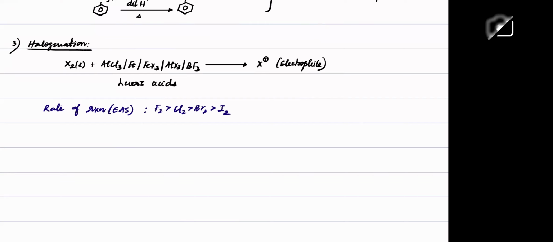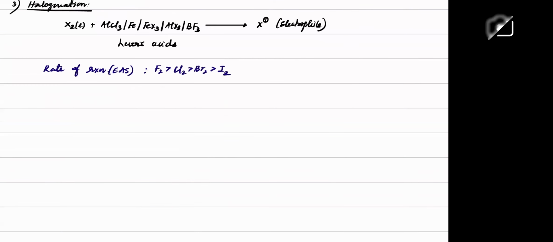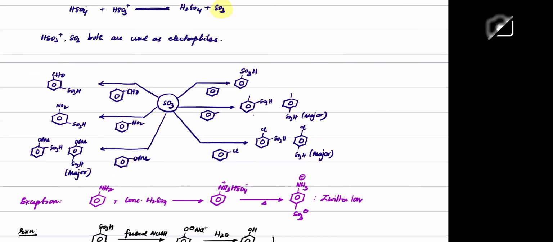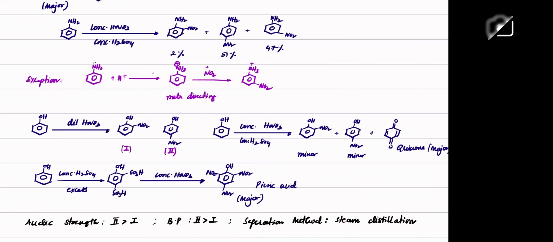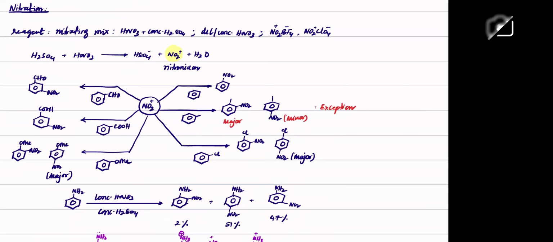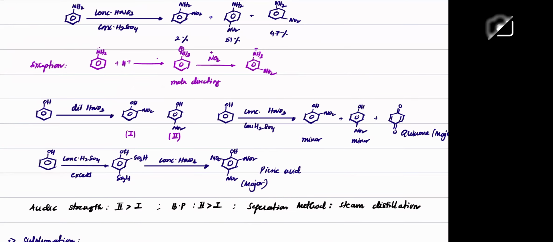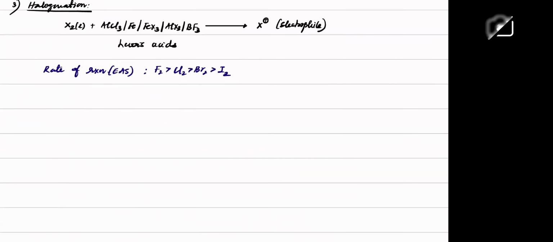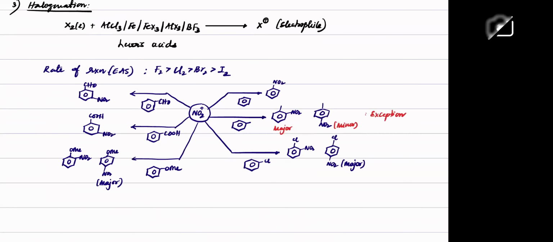Right. So, therefore, if at all I take up the same thing here, what we had done, and you try to make a halogenation of all the groups here, check out.